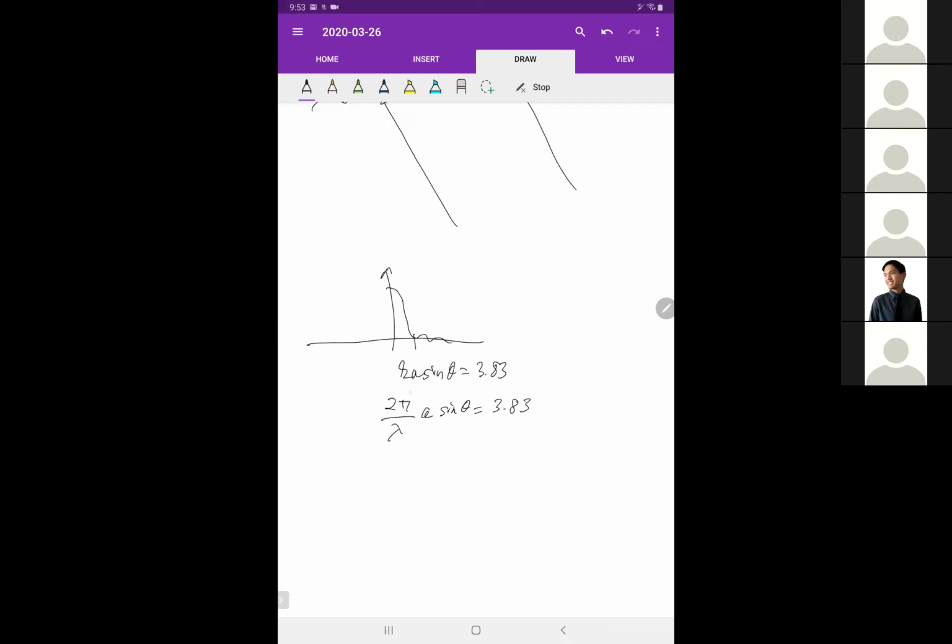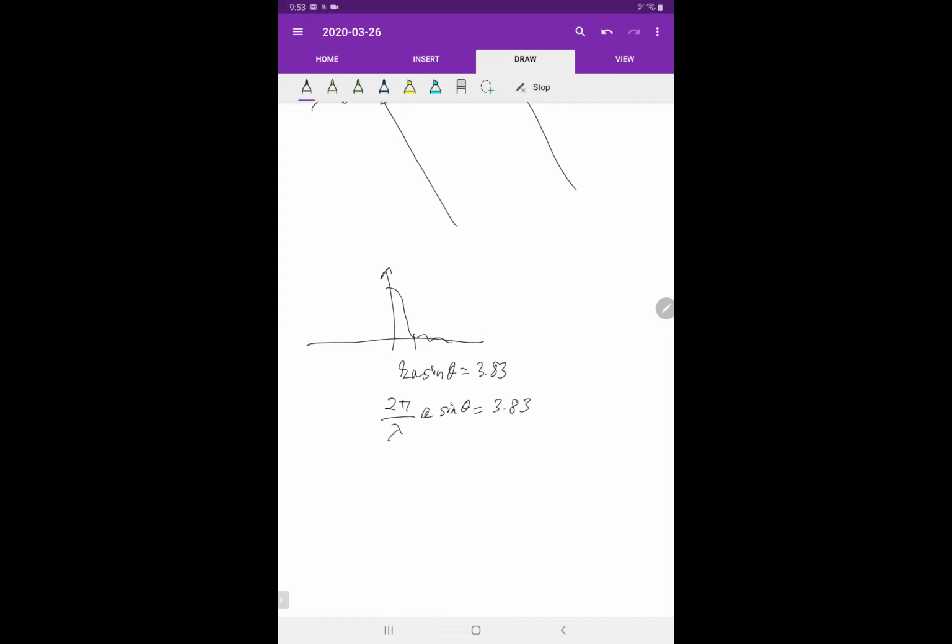So if we divide both sides by pi, we're going to get 2a sine theta over lambda equals 3.83 over 3.14. And I know that this is 1.2. And now I'm trying to figure out where the 2 went.